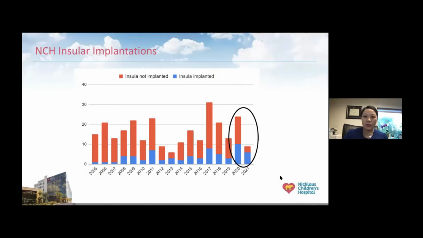So this is a little bit of preliminary data from a very brief retrospective review of our phase 2 implantation and sampling cases. So as you can see, the role of the insula in epilepsy was first recognized in the early 2000s. And that's when we started to interrogate and sample the insula during phase 2 evaluations. These types of evaluations really started to pick up at around 2005.